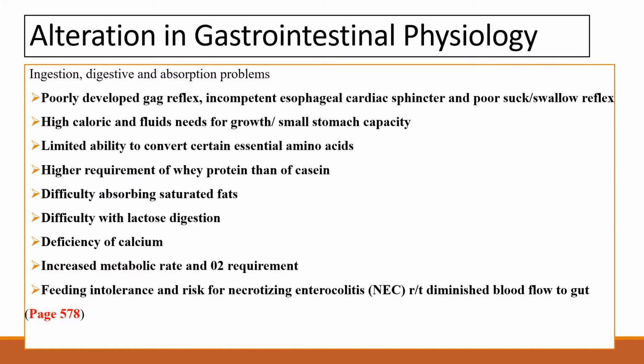And so that is an increased risk for NEC, or necrotizing enterocolitis. Some babies actually will have their intestines die off. They may require surgery, and so it is important to understand what's going on with the babies so that you know that.